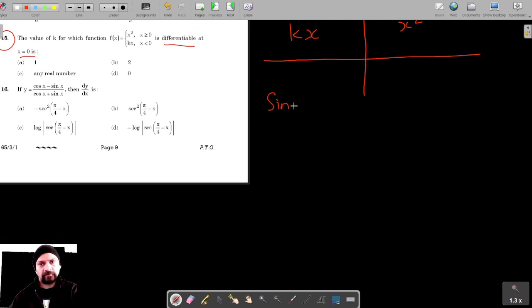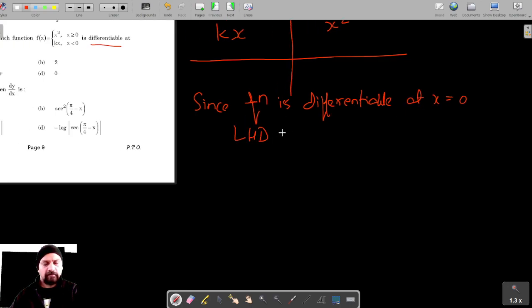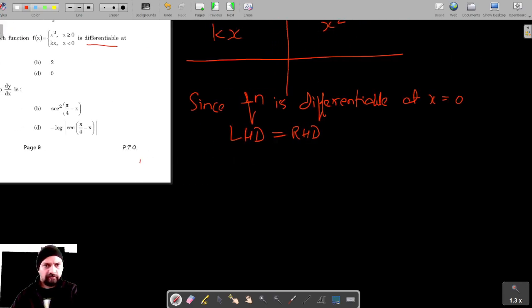Since this function is differentiable at x equal to 0, that means the left hand derivative should be equal to the right hand derivative. And how do we find the left hand derivative?